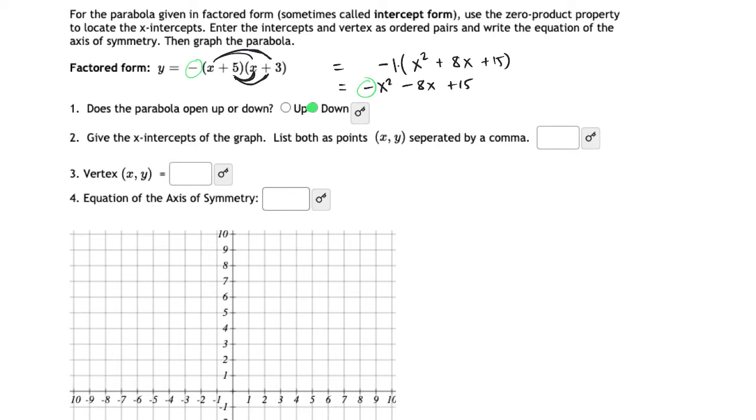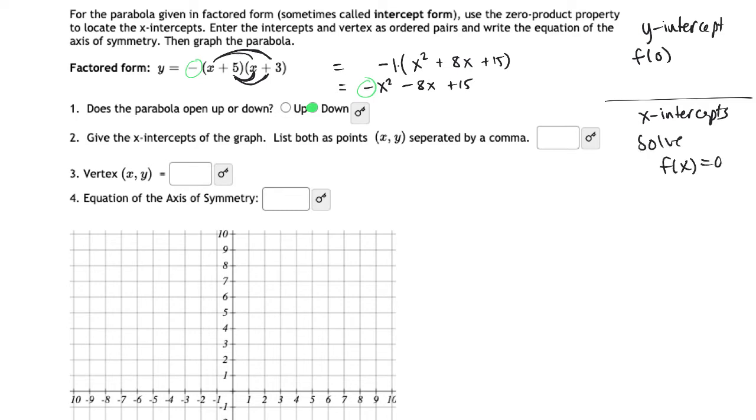Well, just as a reminder, the y-intercept, that's when you plug 0 into your function. The x-intercepts, that's when you solve for when the output is 0. So if I take my function, negative times x plus 5 and then x plus 3, the output is going to be 0.